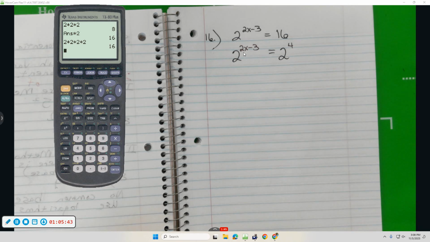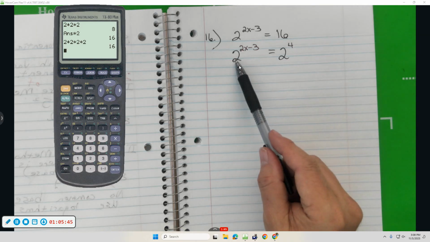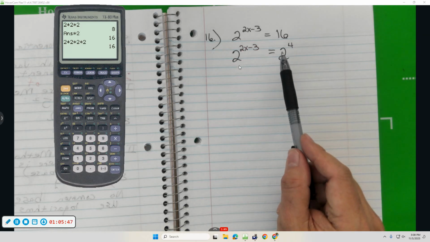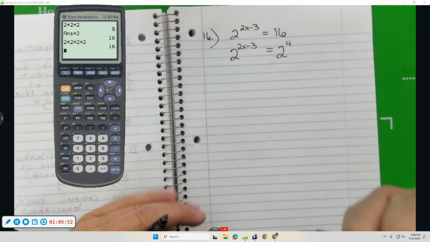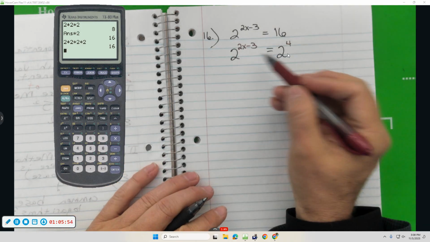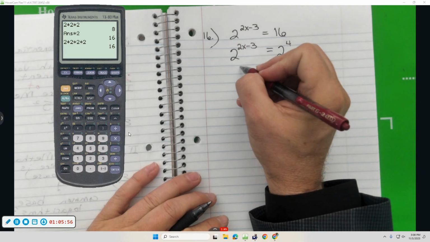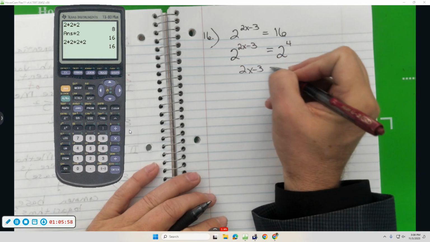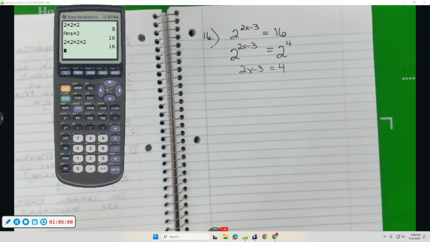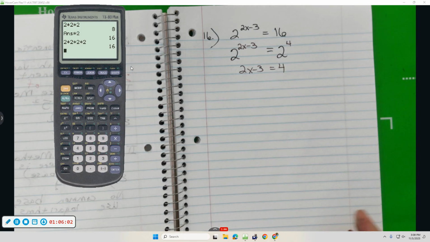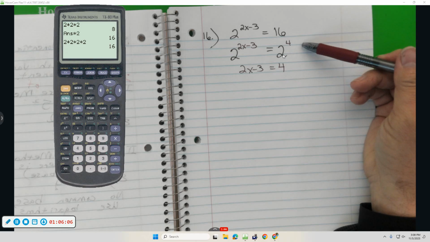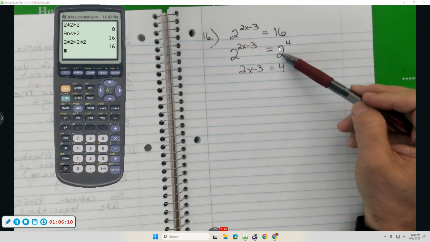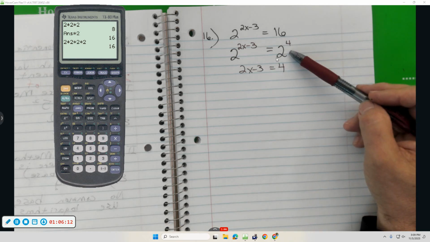So once you have the same base on both sides, you drop the base and set the exponents equal. So we drop the base 2's, the big 2's, and set 2x minus 3 equal to 4. The equation you get won't be that bad. Your work is going to be getting the common base on both sides. And I'll warn you right now, sometimes you may need to change the base on both sides.